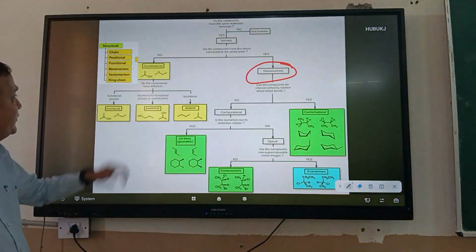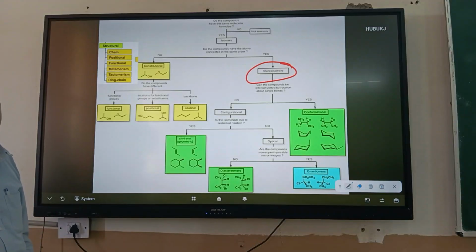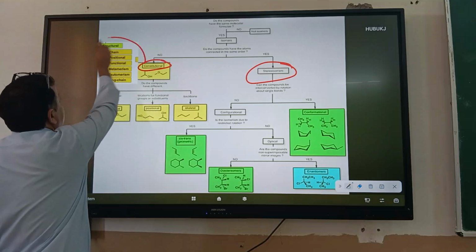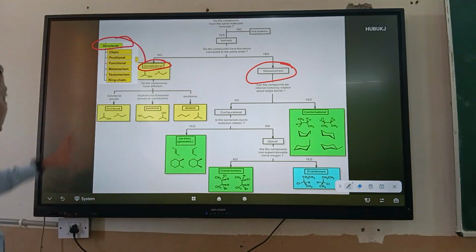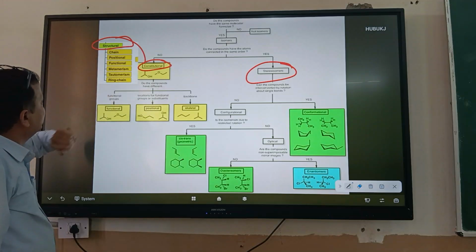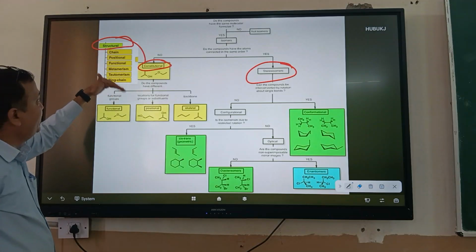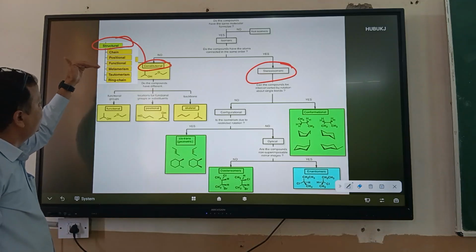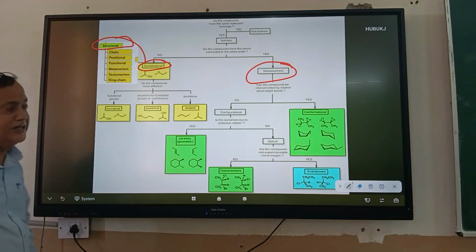If the connectivity is different, then those isomers are known as constitutional isomers, or structural isomers. These structural isomers can be further divided into chain isomers, position isomers, functional isomers, metamers, tautomers, and ring chain isomers.